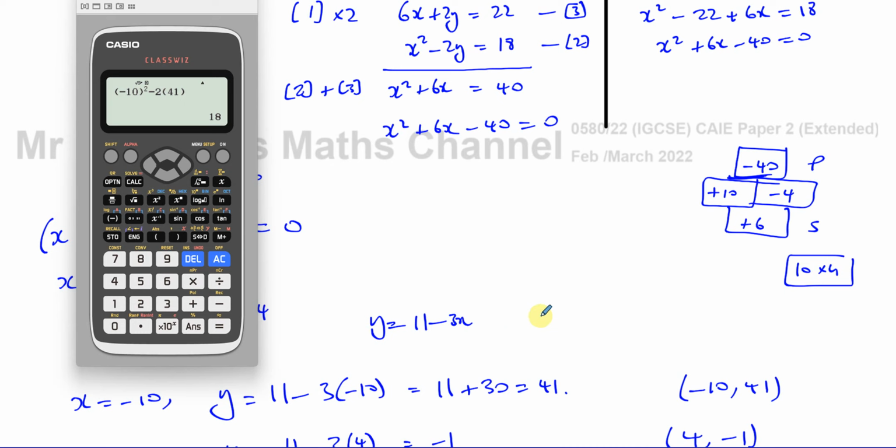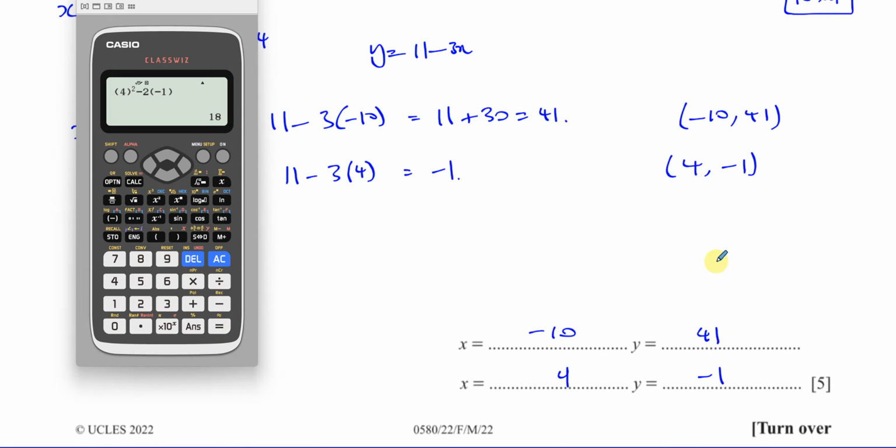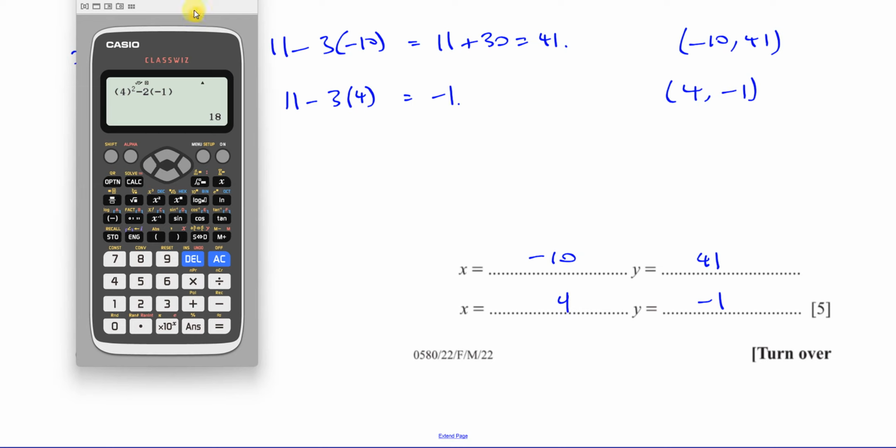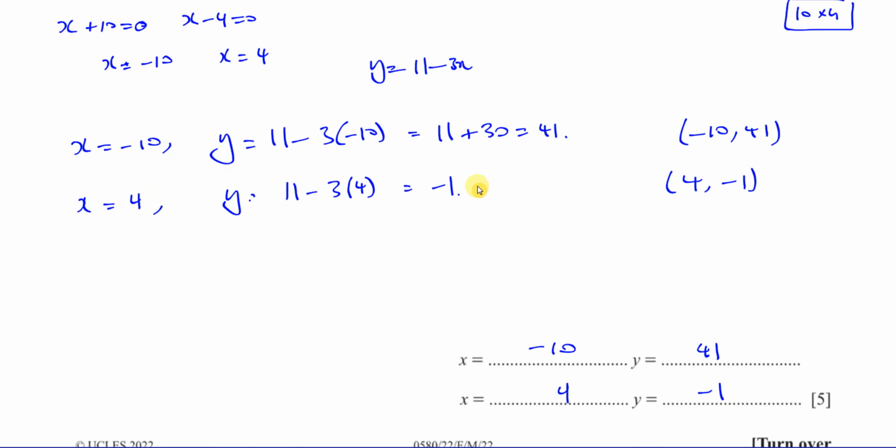Then put 4 instead of x and minus 1 instead of y. And here you're going to have positive 4 inside that bracket. Then you see what we get, 18. Good. So we can check to see if our answers are correct by substituting them back into the original equation, which is always a good idea, especially when you have time to do so.